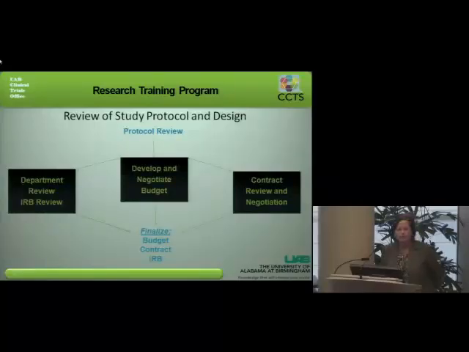When you start out with your protocol, you should try to have a number of processes running at the same time. This will ensure that you have a very timely startup of your protocol. You want to be developing and negotiating your budget, while any department reviews that are necessary can be performed so that you can get the study submitted to the IRB.